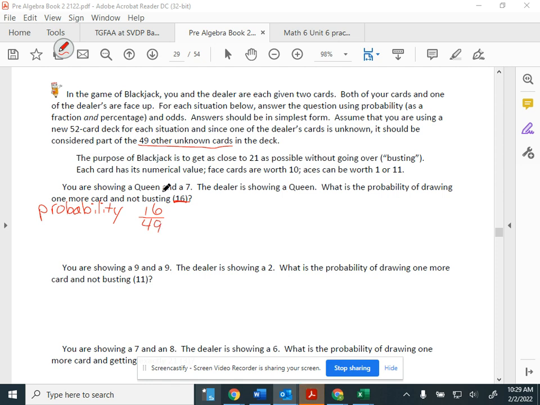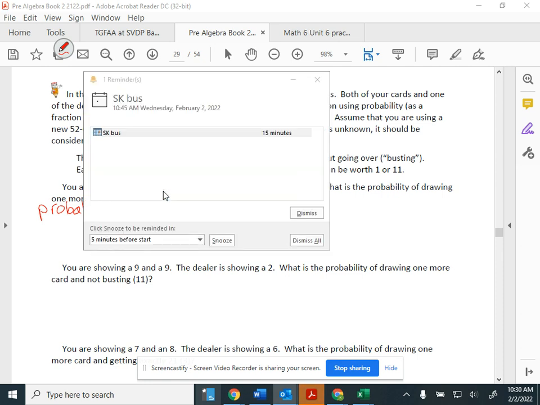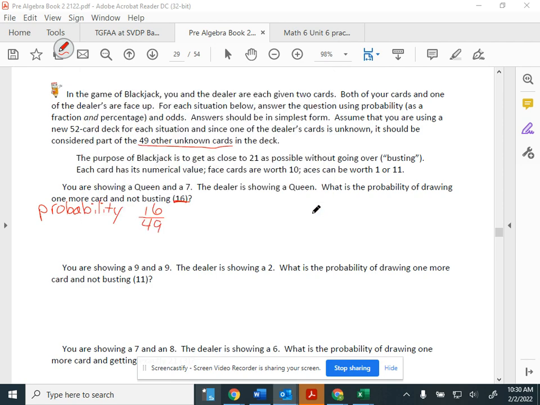Is that in simplest form? Yes, it is. So what percentage? Remember, we want the fraction and the percent. So what percentage would that be? Caitlin? 33%.